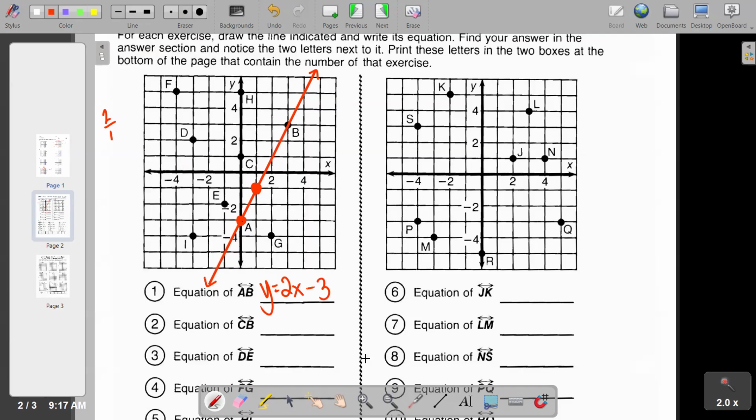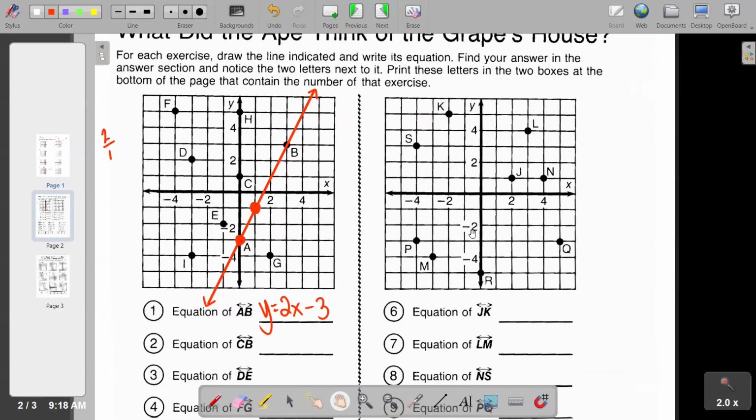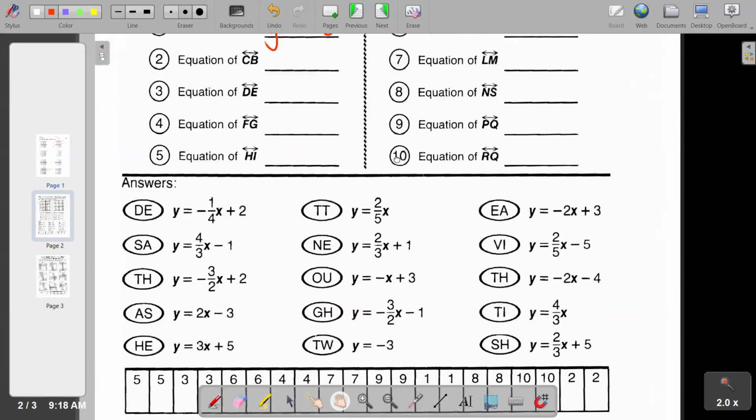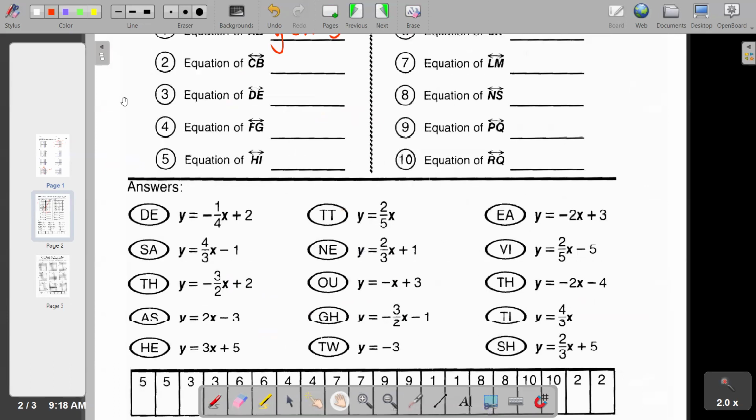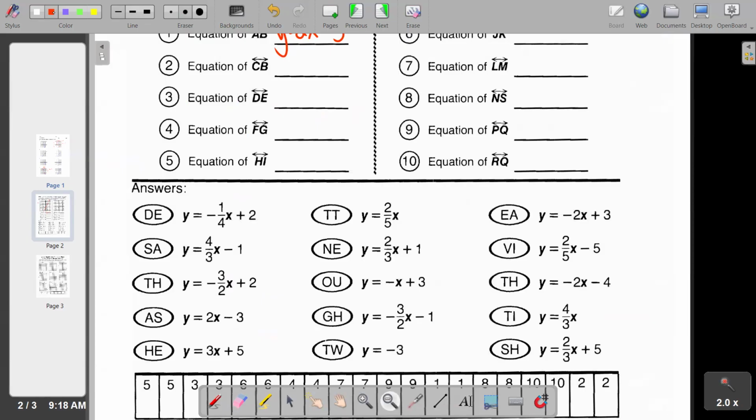And now, according to the directions, I should find my answer in the answer section and notice the 2 letters next to it, and then print these letters in the 2 boxes at the bottom that correspond with that problem. So I just did problem 1, and my answer is right here.